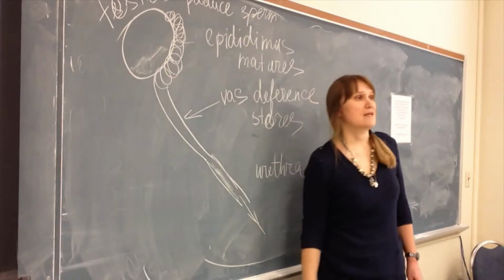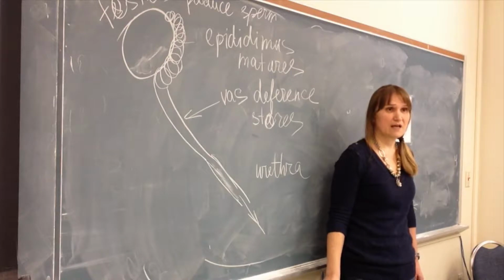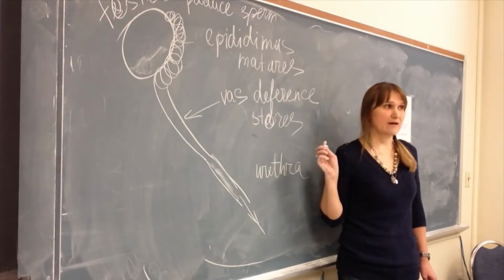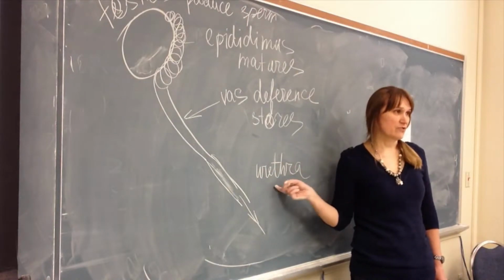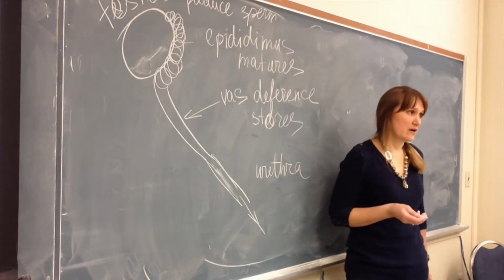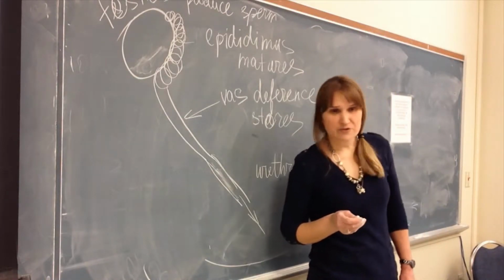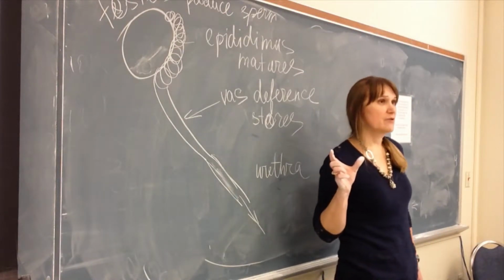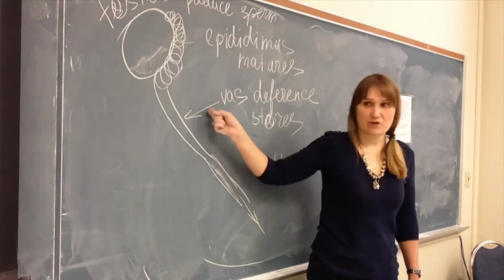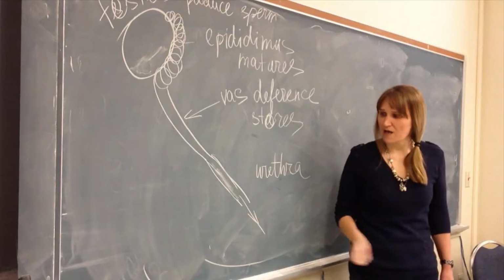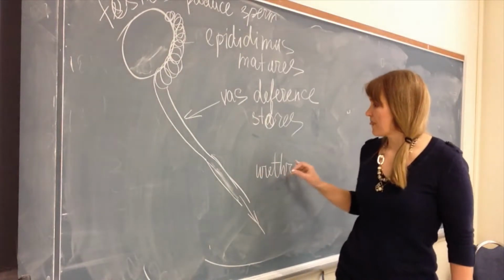So we can say that in males the urinary and reproductive systems are connected to each other. They use the same urethra for urine or sperm to go out of the body. Of course, the urinary bladder will be shut down during intercourse, so the urine will not use the same canal by which sperm is delivered.